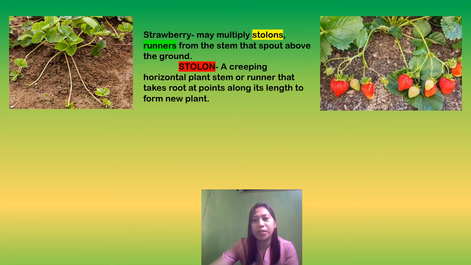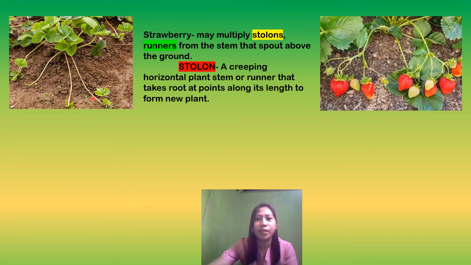How do farmers in Baguio multiply or plant strawberry? Strawberries can multiply through stolons. What are stolons? A stolon is a creeping horizontal plant stem or runner that takes root at points along its length to form a new plant. So look at this one. These are stolons or runners.